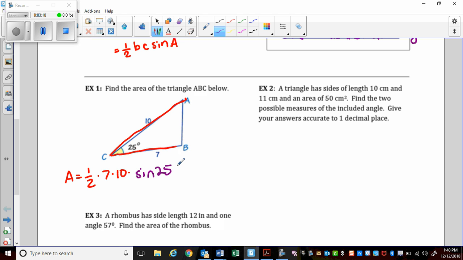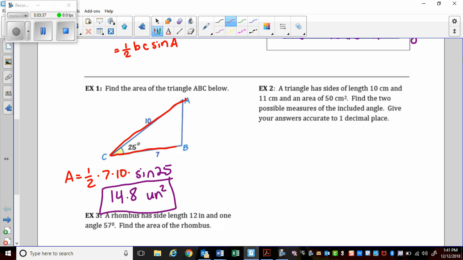We have to use a calculator for this. So I'm just going to plug this straight into my calculator, and I think that it should be something like 14.8, and then my units, whatever they are, are going to be squared. Always squared for area, cubed for volume.